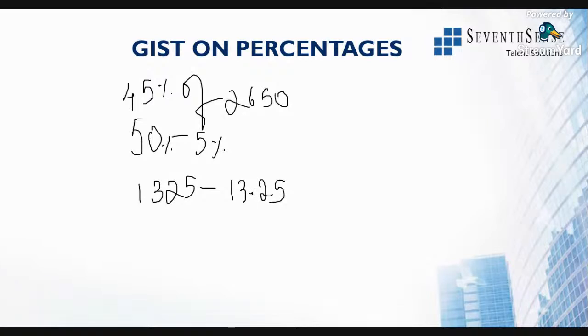So you can just subtract this value. 25 minus 13 will be 12. And if you subtract 0.25, it will be 11. So the answer will be 1311.75. 45% of 2650 is 1311.75. Clear? Hope everyone understood this.